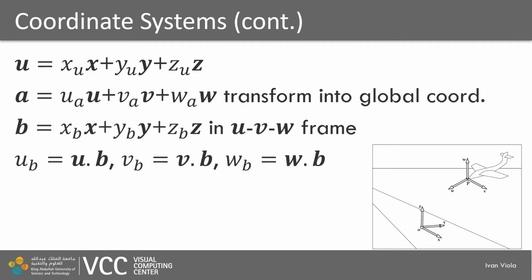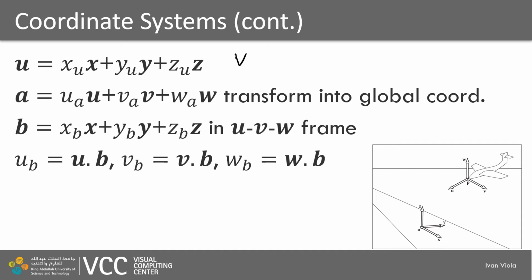Now, it is important in many cases to be able to transform the values between these two coordinate systems. So if we have, for example, a point A defined here in the UVW coordinate system, in the local coordinate system, we can also express it by the global coordinates by simply putting into its definition the definition for the u, v, and w.